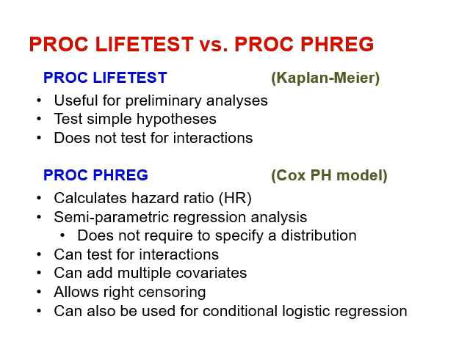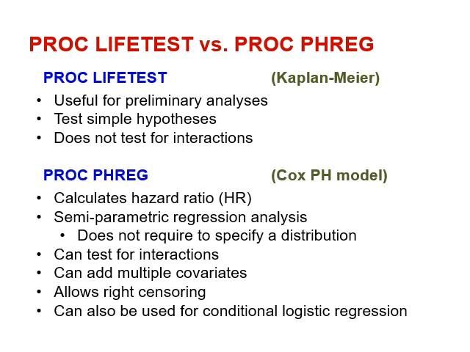So we can use PROC PHREG. This is similar to thinking about logistic regression. So this has more options. We can calculate the hazard ratio, similar to what we could do in logistic regression when we calculate the odds ratio. A nice feature of PROC PHREG is that it is a semi-parametric analysis, so we don't need to specify a particular distribution.